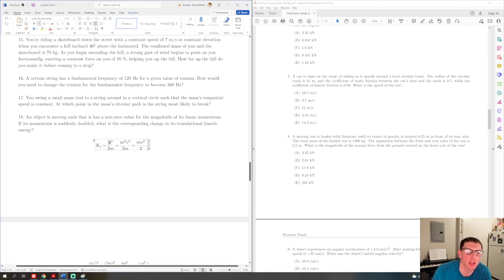Now, remembering that the magnitude of p is just mv, when we square it, we get m squared v squared on top of this fraction, which is just mv squared over 2. This is just the kinetic energy. So this line here is just to convince you that we can go back and forth between the magnitude of the momentum and the kinetic energy with this relationship for the translational kinetic energy.